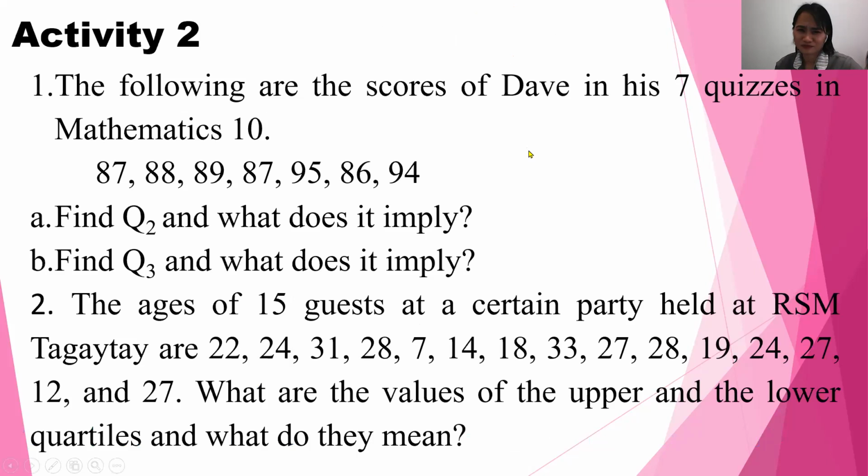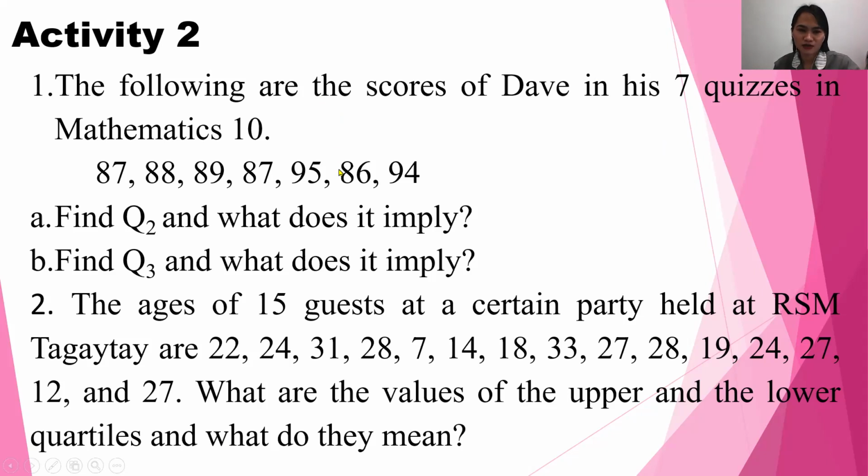Understood? Any questions about our topic? Okay, so for further understanding of our lesson, let's have Activity 2. The following are the scores of Dave in his 7 quizzes in Mathematics 10.